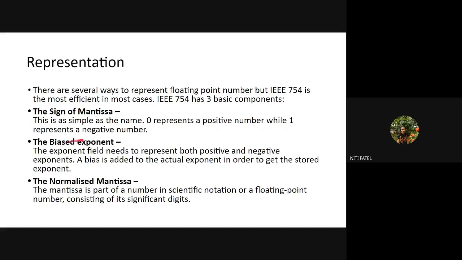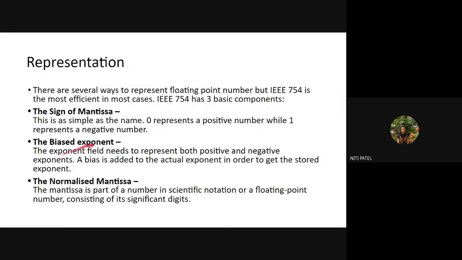And if this biased exponent is double precision, the value is 1023. Okay. Now what we have to do is with these two values, if it is single precision, whatever exponent value we get here, we have to either add that value to 127 or subtract that value from 127, depending upon whether the exponent is positive or negative.